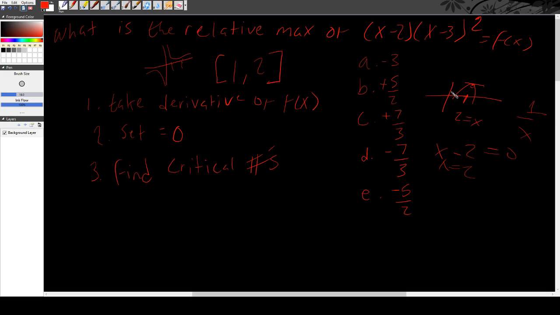AP, like any standardized test, will really never ask you that sort of question, because it varies from calculus book to calculus book, and it's a bad question to ask a student who may not have studied calculus extensively or been told of the existence of that sort of weird conjecture. So you find your critical values, you test them.